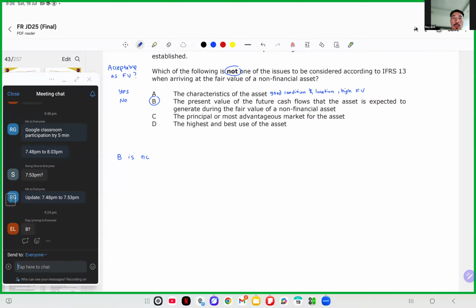B is not considered, not acceptable. Why? Because if an active market exists to give fair value, the company does not need to calculate the gold price.